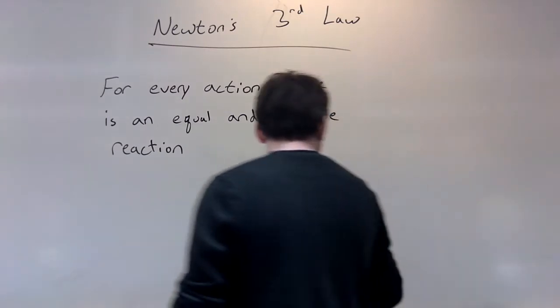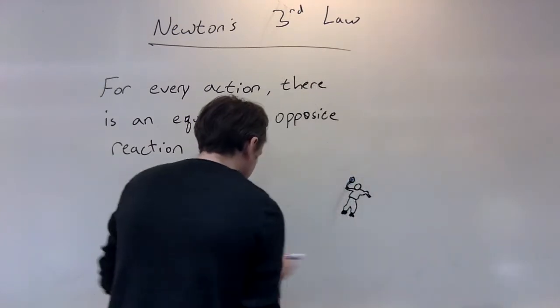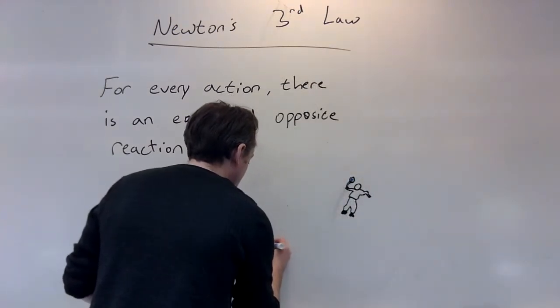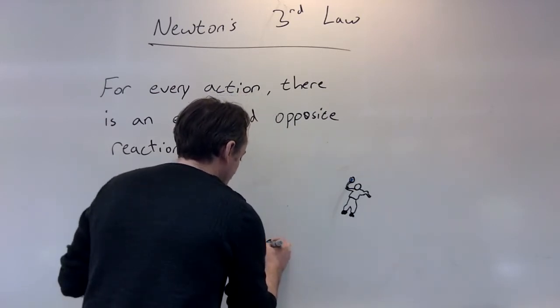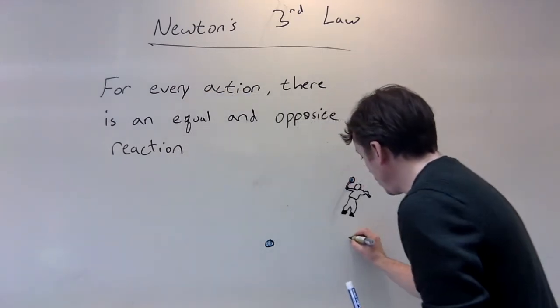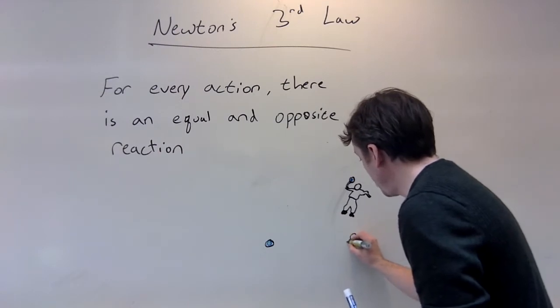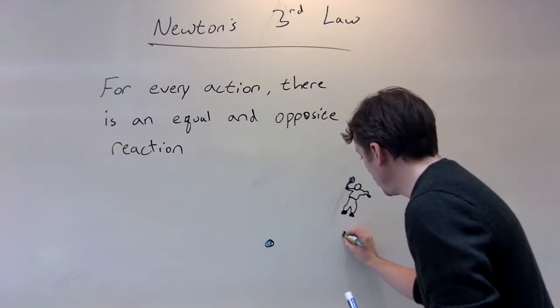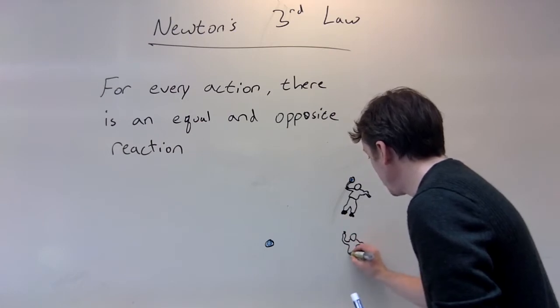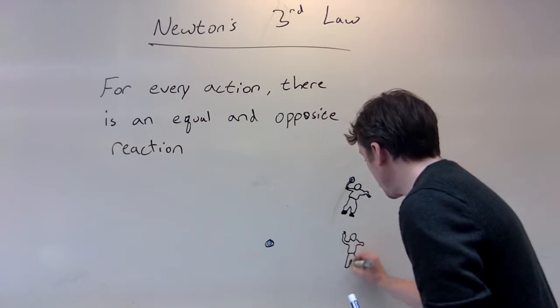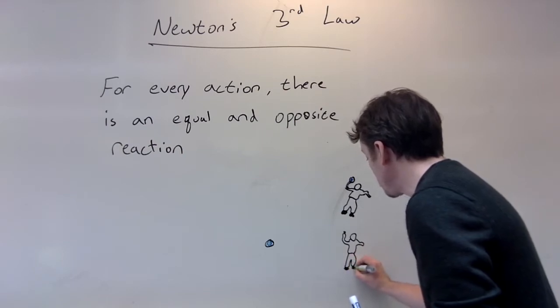So he throws the ball this way, and at some later time the ball has left his hand, and now he's over here without it. No more ball. Funny looking drawing here. Give him some boots.